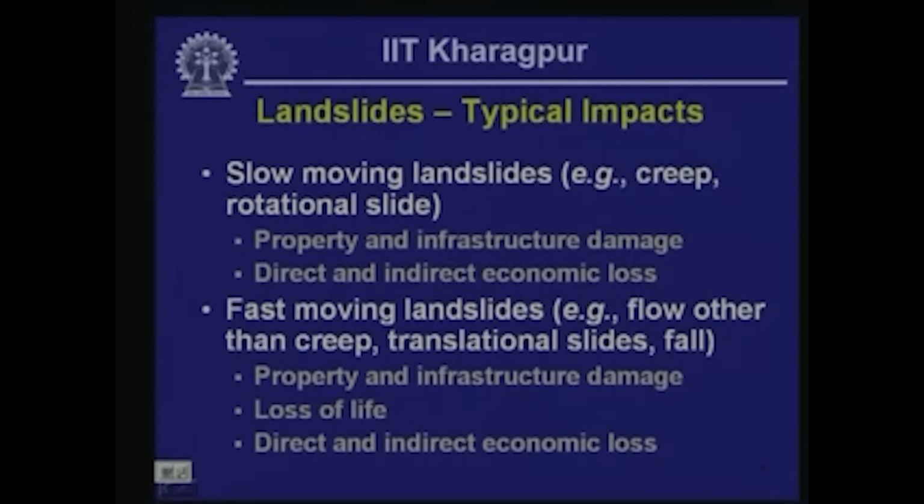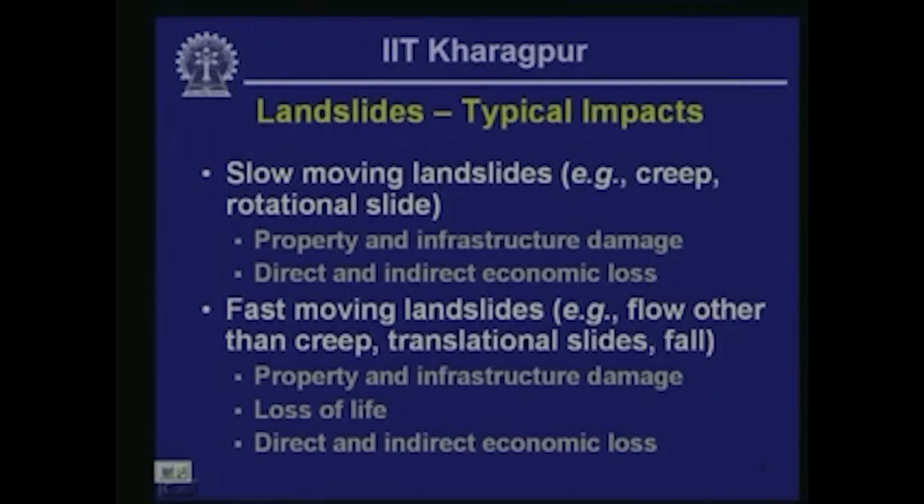So, those are indirect losses because of slow moving landslide, whereas direct losses are the direct damage that is caused to the properties or infrastructure constructed within the potentially unstable mass.